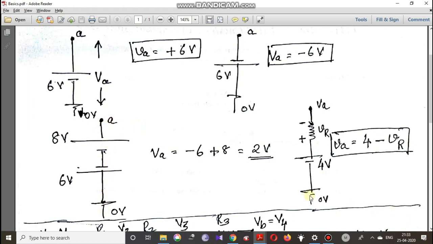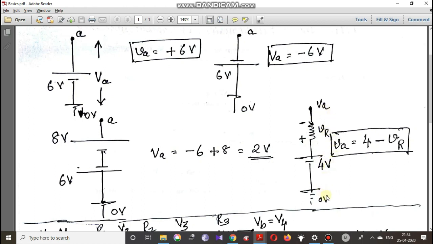Now, when you look at this particular circuit, it has a voltage source in series with a resistance. The voltage across the resistance is designated as VR, and we are assuming that the voltage drop is positive on the downside and negative on the upper side. The combination of VR and 4 volt will give us the value of VA.